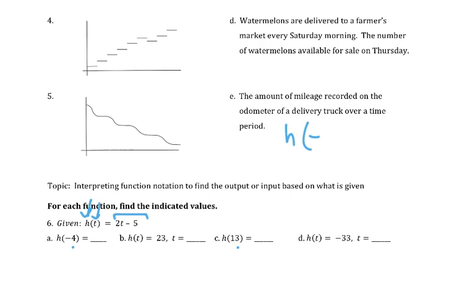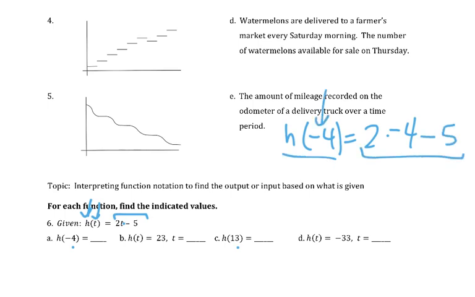So I go H of negative 4, and then 2, since there's a t there, I go times negative 4, because that's my input, minus 5. I don't touch the left side, I just deal with the right side. 2 times negative 4 is negative 8, minus 5 gives me negative 13. So H of negative 4 equals negative 13.